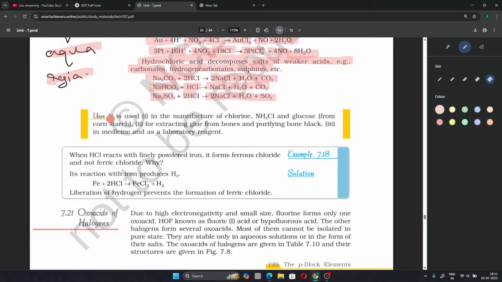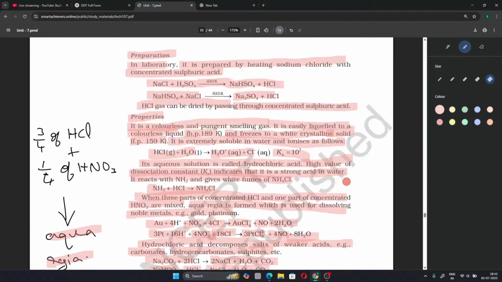The uses of hydrochloric acid: it is used in the manufacture of chlorine, NH4Cl, and glucose from cornstarch. We saw the manufacture of chlorine by exposing HCl to oxygen, which was Deacon's process, an industrial method.